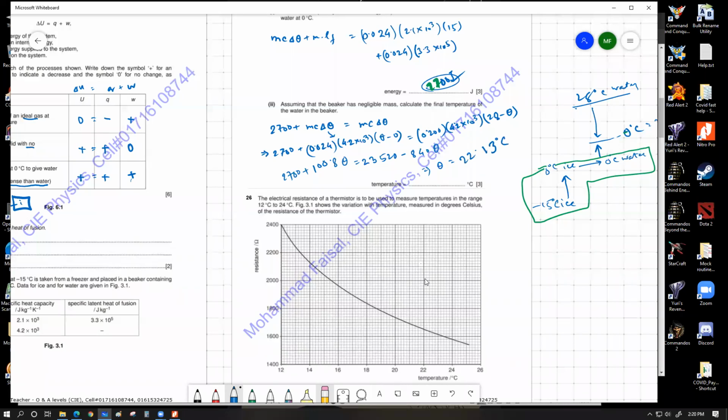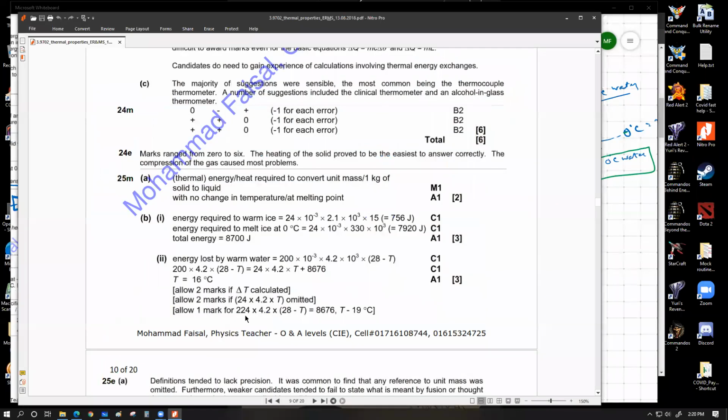This is a number that I'm getting, which apparently is not correct. So what was my mistake? Oh, I'm supposed to use 8676.